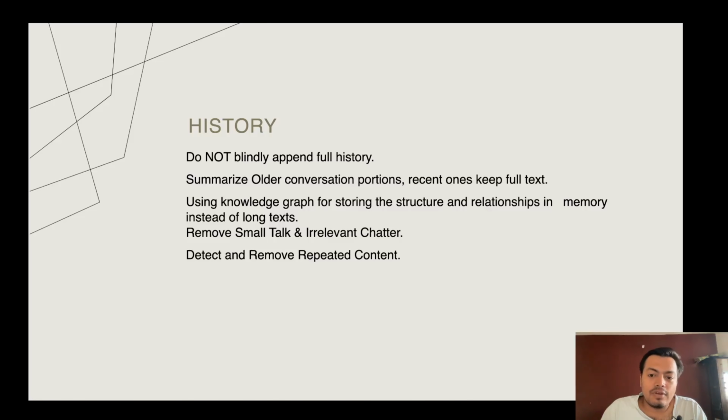graph based connections for understanding the structures and relationships, and such kind of memory support is there in LangChain also, where we can use a graph DB for storing our relationships and structures instead of entire logs or entire text or entire transcripts in our history.